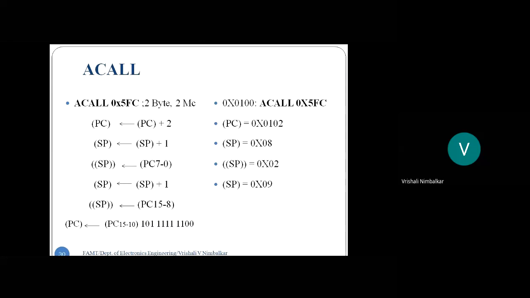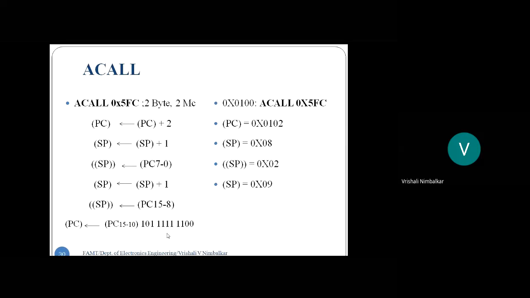Okay, so in the last lecture, we had started with the call instruction, right? So we were looking into absolute call. Firstly, the call instruction is used to execute a subroutine. A subroutine is a set of programs which is required frequently for execution.